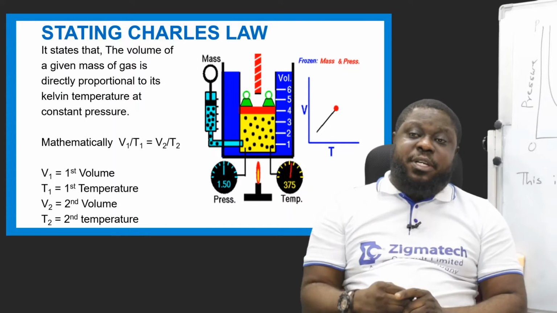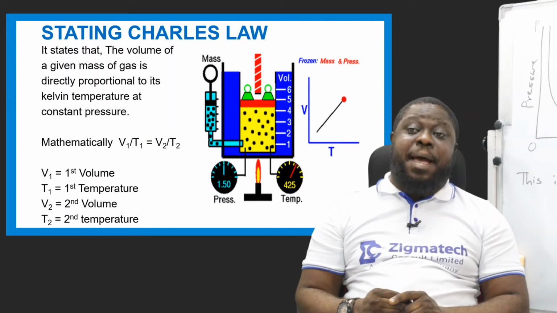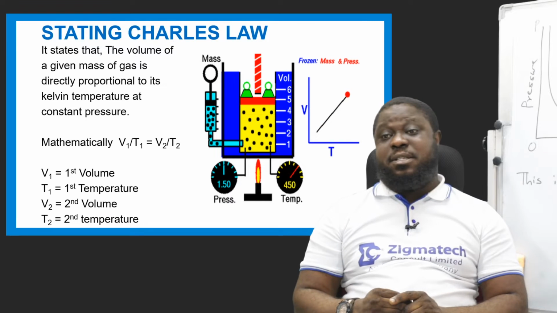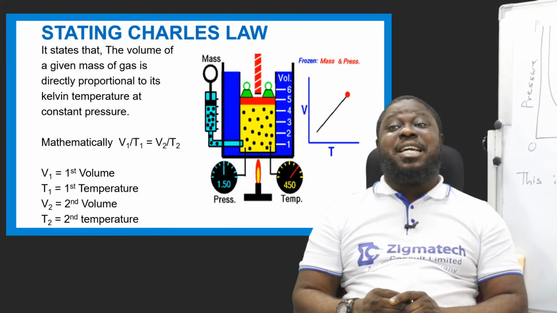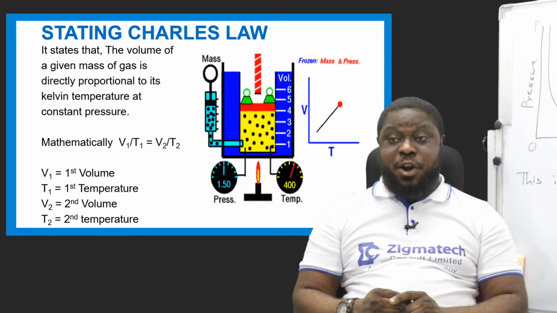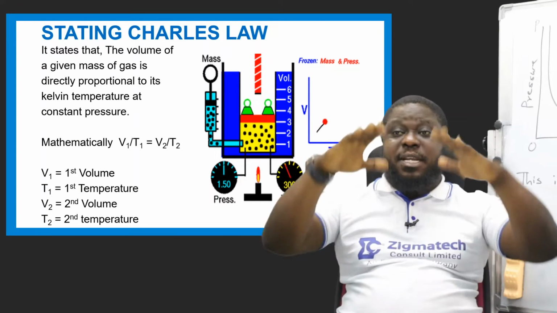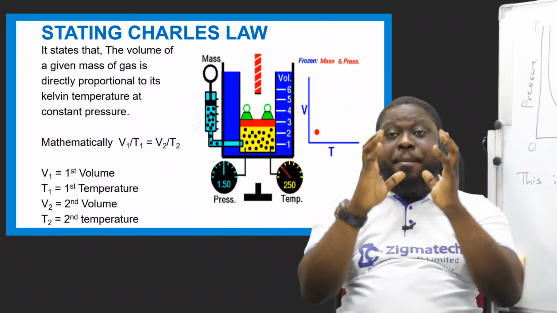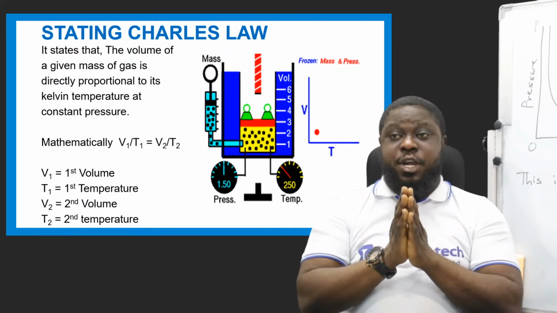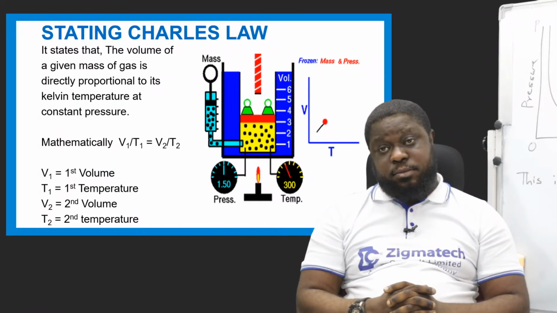Now, if you check on your screen, you see as the pressure is increasing, the temperature is increasing, and the volume is still increasing. As it's reducing, everything is reducing. All of them are directly proportional to each other.